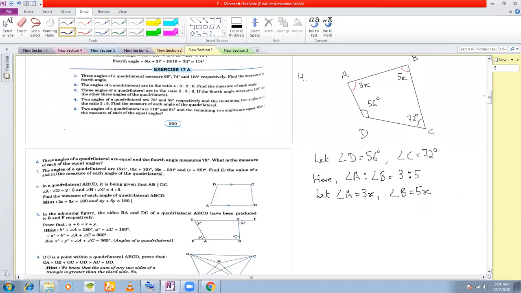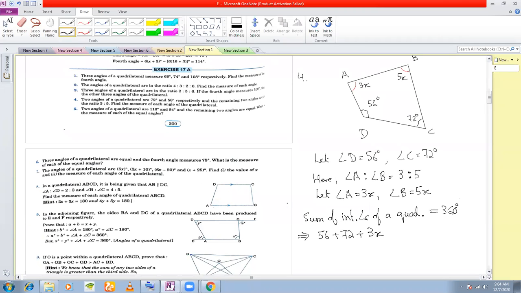Now we shall use our result. We know that the sum of interior angles of a quadrilateral (quad. is the short form of writing quadrilateral) is 360 degrees.